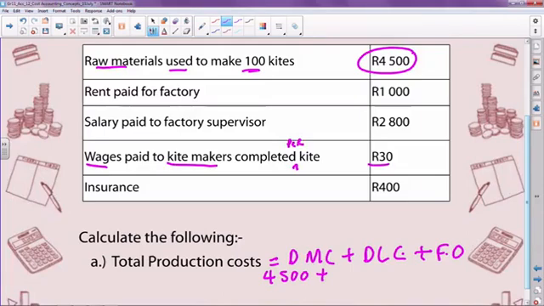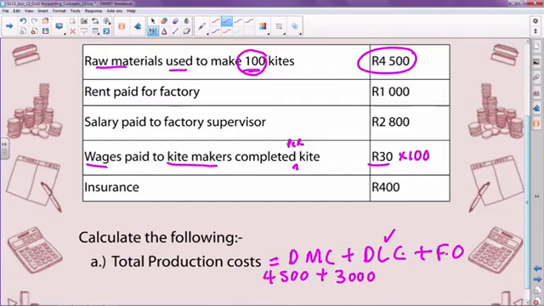Now remember, you've manufactured 100 kites, and for each kite that was manufactured, you've paid 30 Rand in the form of a wage. So in total, your direct labor cost will be 30 times 100, which should give you an amount of 3,000. Okay, so my direct labor cost is sorted.